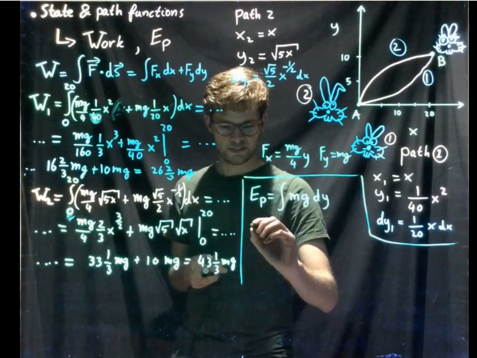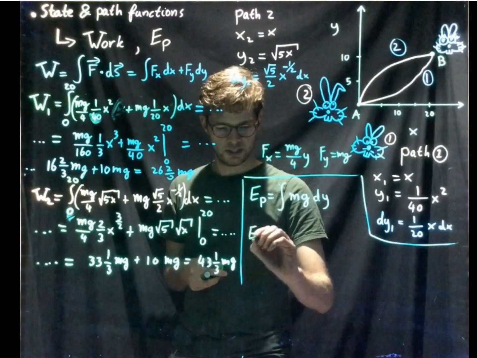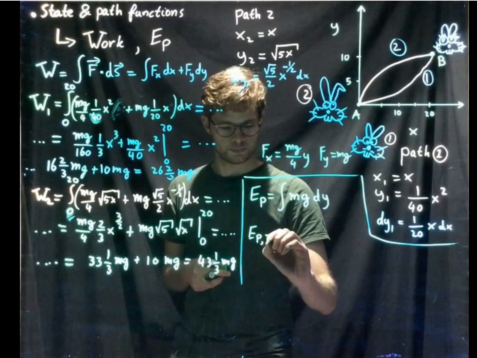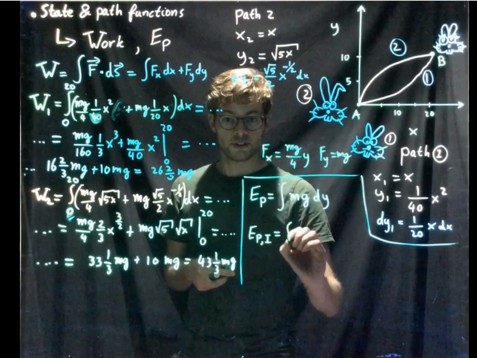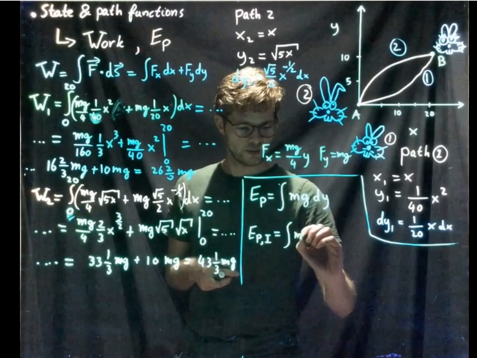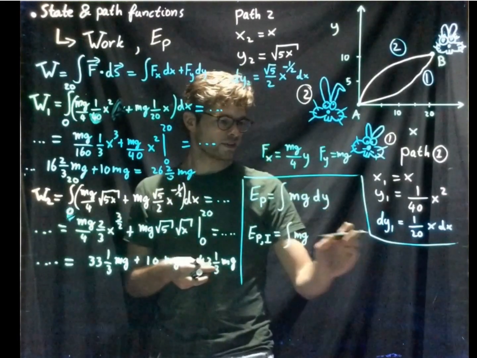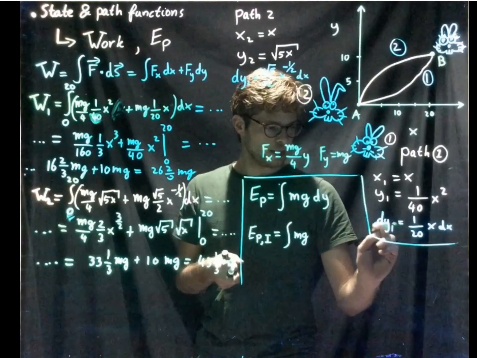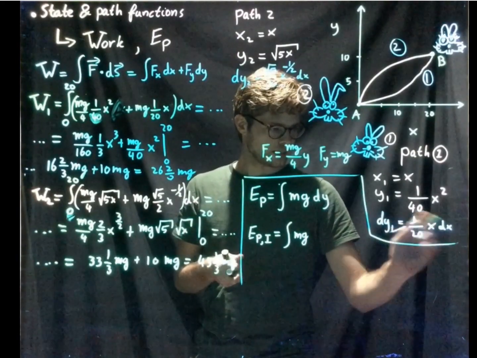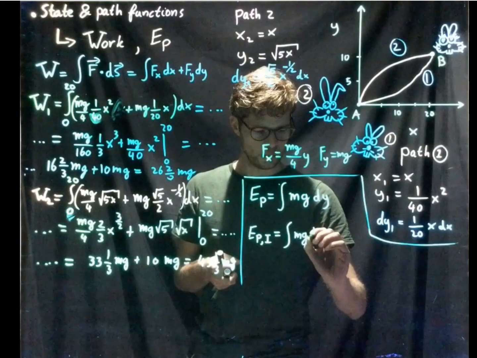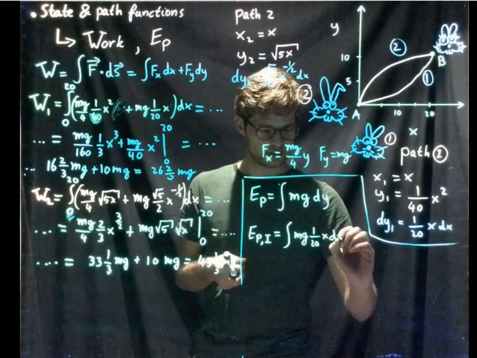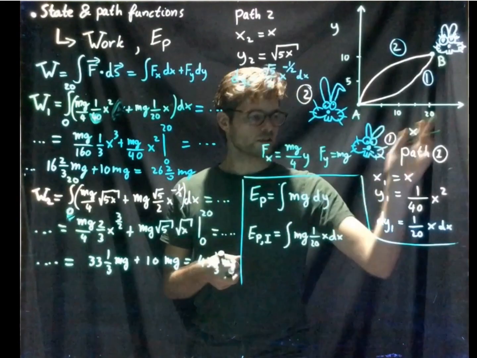So let's calculate this. EP, potential energy of rabbit 1, is the mass of the rabbit times the gravity of the rabbit multiplied by dy1. And I can again substitute these values: 1 over 20 x dx, and it goes from 0 to 20 again.